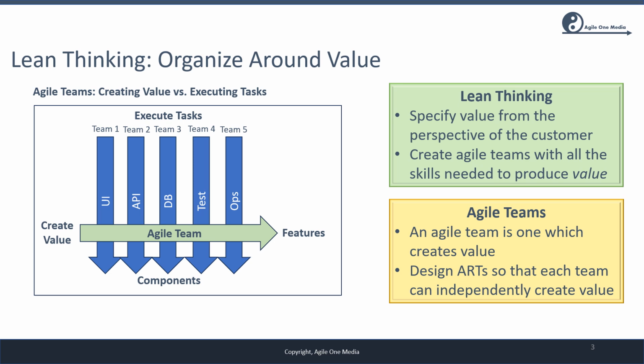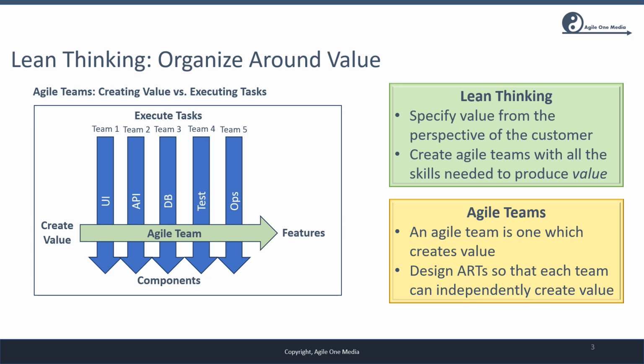The lean approach would be to create teams that are cross-functional, that is, have all the skills to produce something that provides actual usable value. When we adopt this approach, this means that at the end of an iteration, for example, the work of the team can be demonstrated in a meaningful way to users and stakeholders and is therefore amenable to feedback.